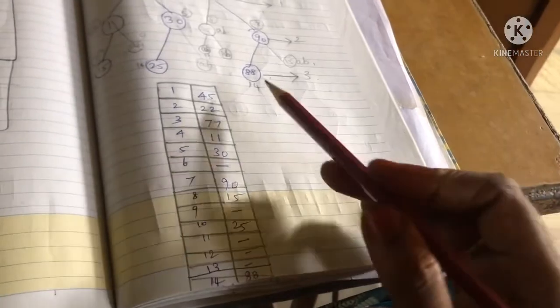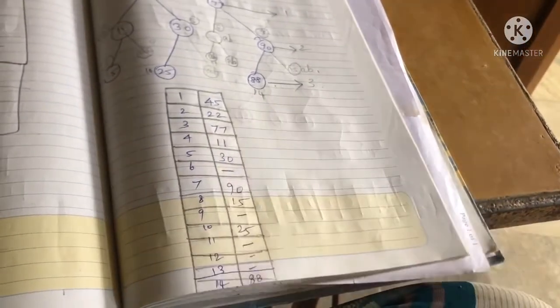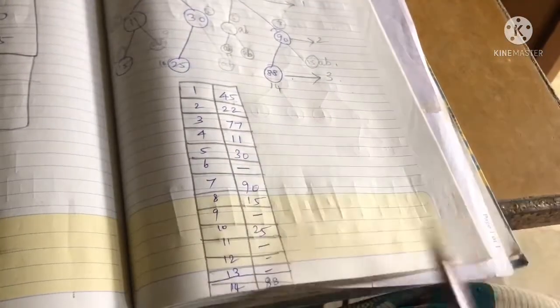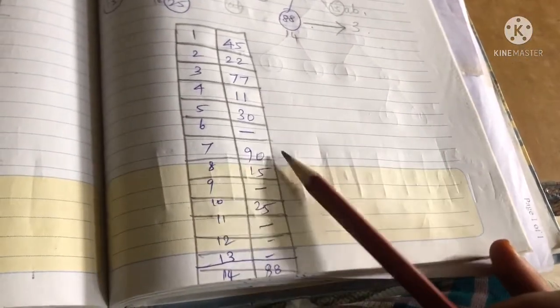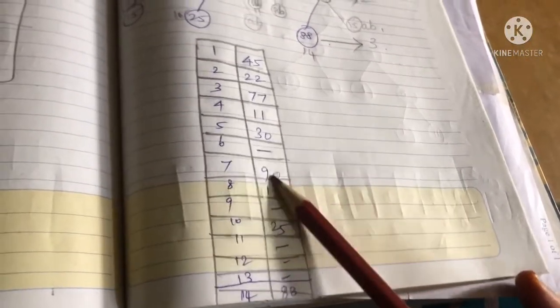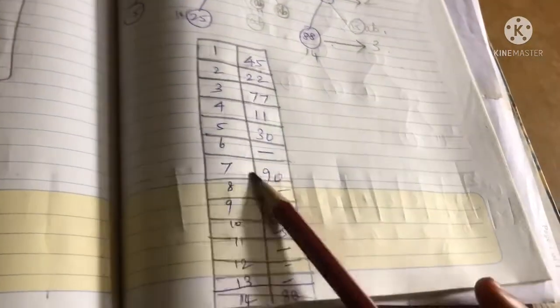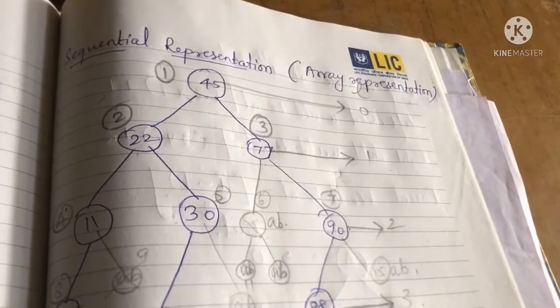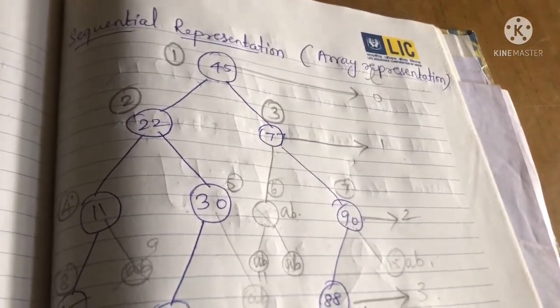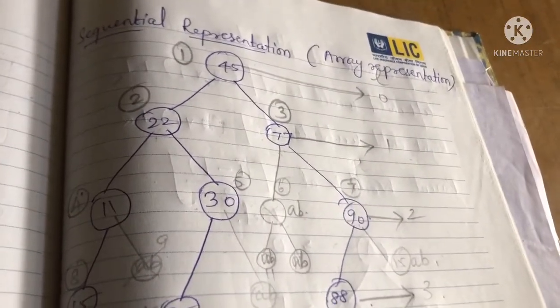Then the 14th is 88, and the 15th is also absent, so leave it. This is the sequential representation in memory. Sometimes you may be asked the difference between sequential representation and linked representation.